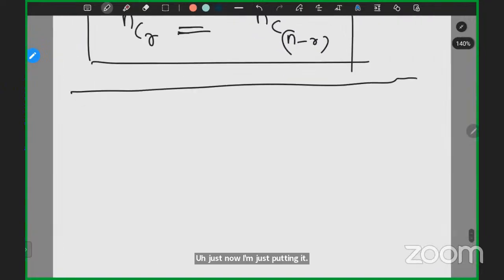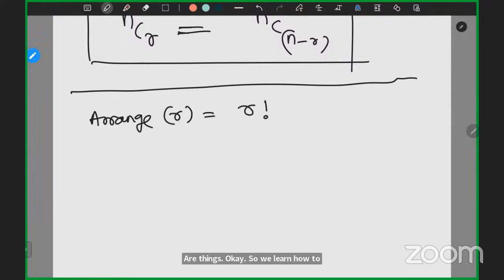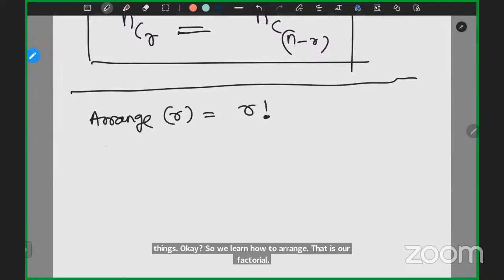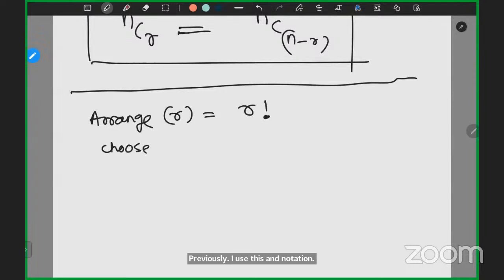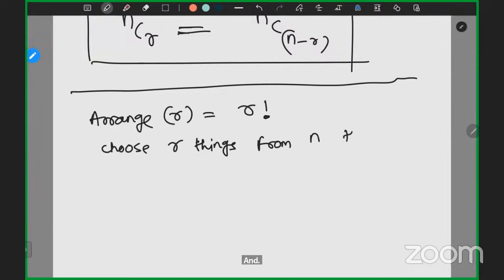So now what we did is we learned how to arrange things. Let's say n things, or let me write r things. So we learned how to arrange r things, that is r factorial ways. Previously I used just n notation, and then we learned how to choose r things from n items, total n things.